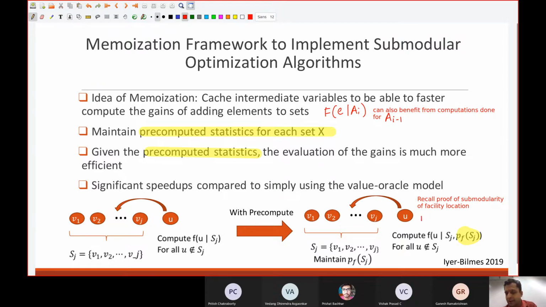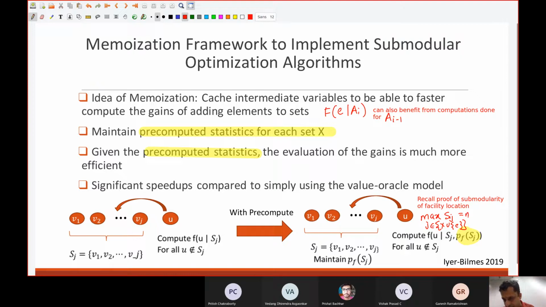We said that if I had the max over some element i in V, j in X, but this X itself, let's say, is X union e, Sij. What was this? This is a max of two different maxes.